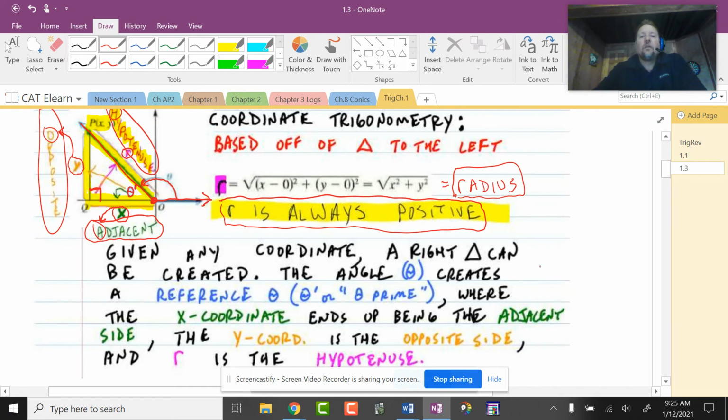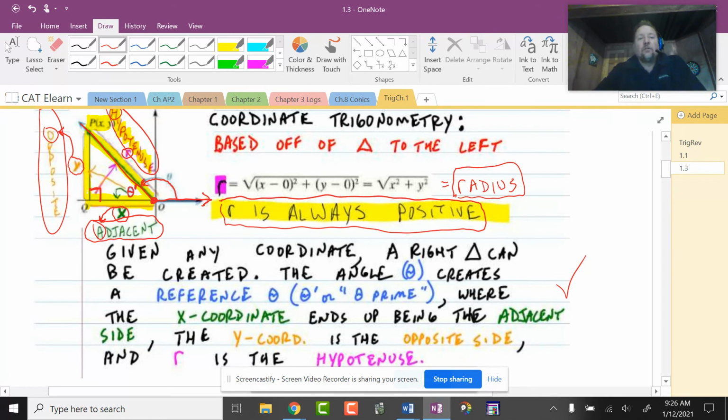All right. So this thing right here, sorry, what is that? Paragraph, I guess. I just went through all that. Now it's formally written. Given any coordinate, a right triangle can be created. X, Y, snap back to the origin.